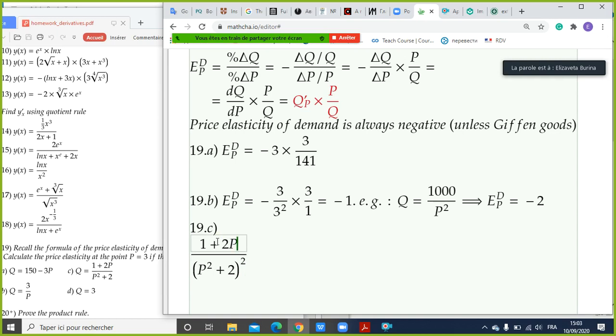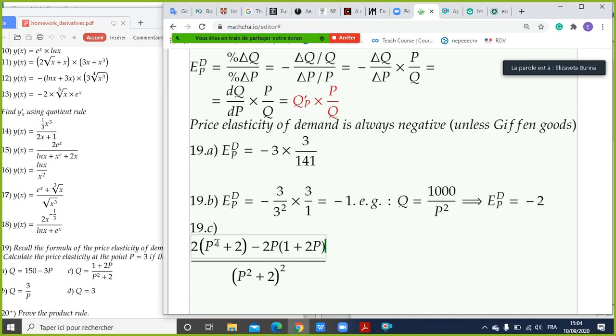Well, let's see if this derivative is negative. So now I'm taking the derivative of the numerator, it's 2. Then the denominator as it is, and then minus the derivative of the denominator, 2p, times 1 plus 2p.